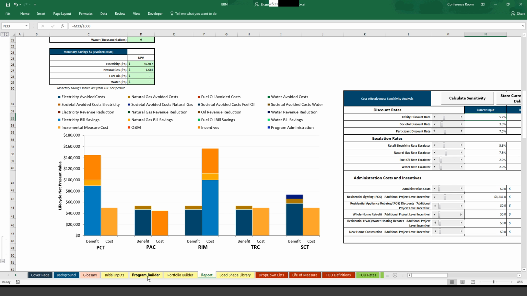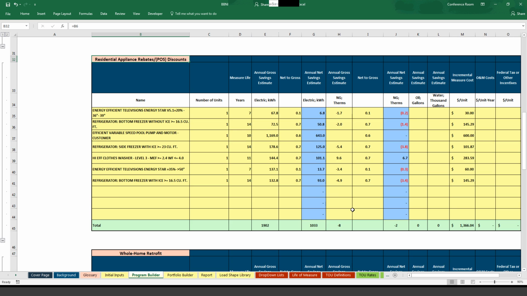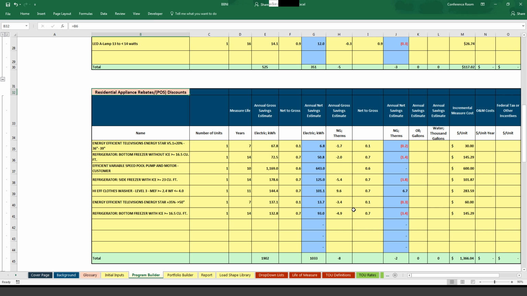Yeah, and a quick way to look at that here on the Program Builder tab, which we highlighted a little bit in the slides, is you can see quickly by looking at the measure cost and the electricity savings the measures. Here, for example, are two measures with fairly similar savings, but one costs twice as much as the other.